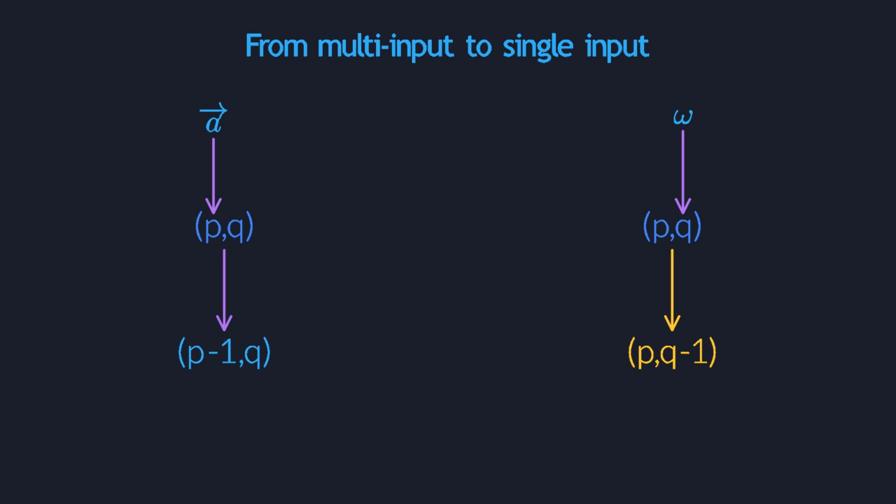It's actually very simple. When you take your inputs one at a time, you keep lowering your rank step by step until only a real number remains in the end. And a real number is just a (0, 0) tensor.